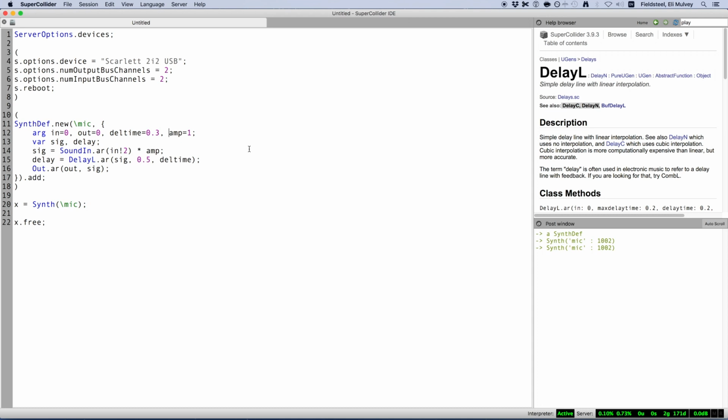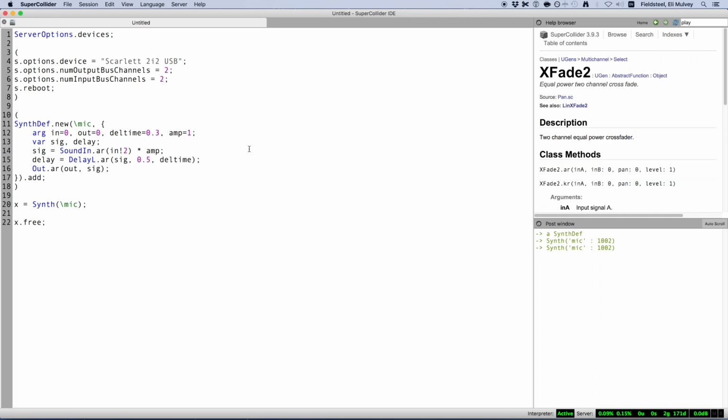In order to mix the unprocessed and processed signals together, instead of just adding them together like we did with ring modulation, I often like to use a UGen called XFade2, which does an equal power crossfade between two signals based on a pan argument. I don't really like the use of the term pan here because it sort of implies a left-right thing, and that's not really what's going on here.